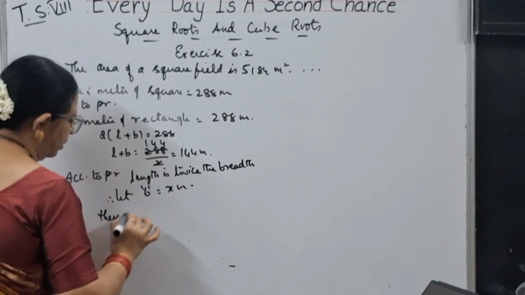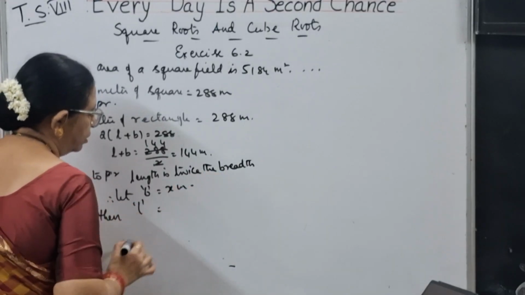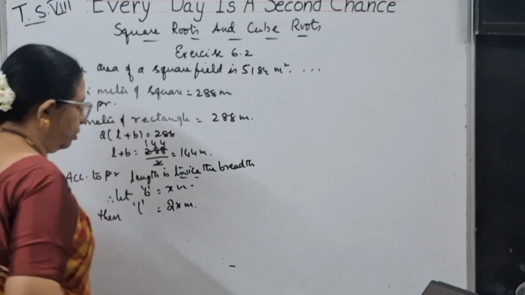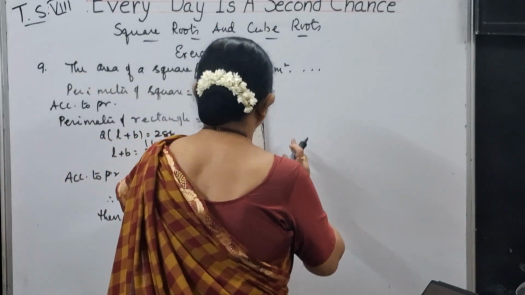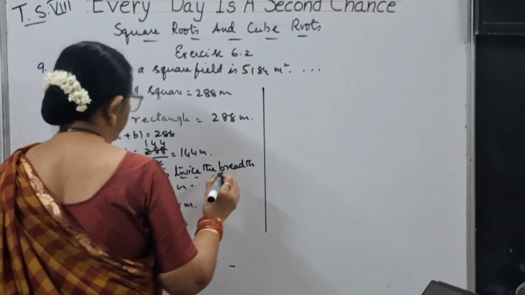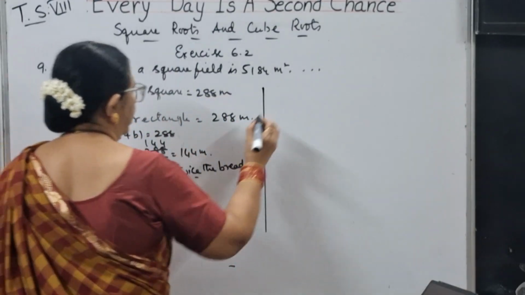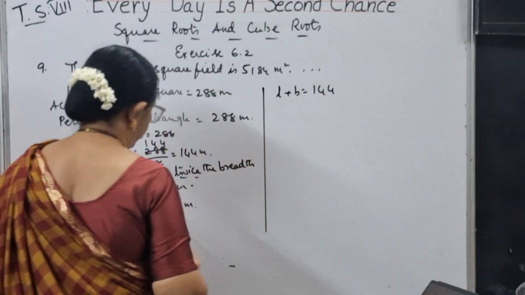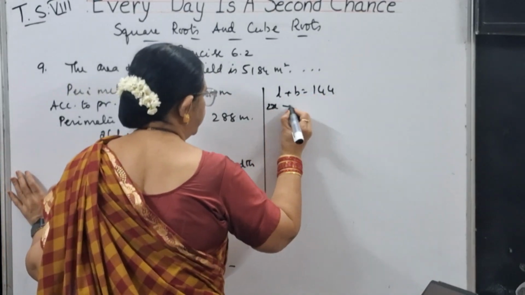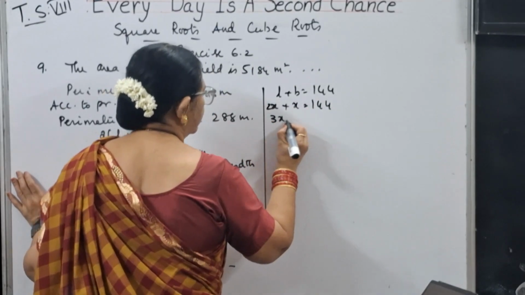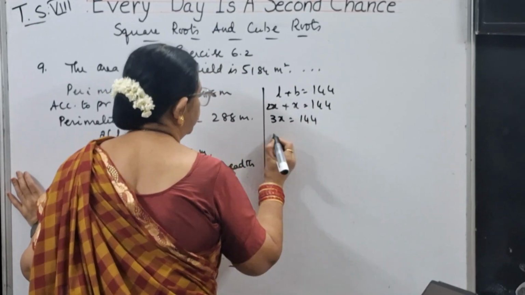Then what is length? Twice means 2x meters. So basing on this, let us take the problem that what we have got. We have got that L plus B is equal to 144. So length is 2x plus breadth is x, 144. So 3x is equal to 144.